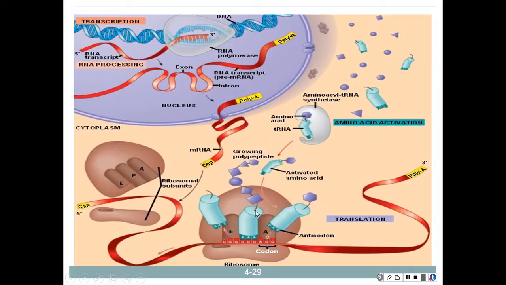And when it has released its amino acid, it moves to site E, and then it is released. Now that dipeptide from this second tRNA is transferred to the amino acid of the third. And a new peptide bond is formed, creating a tripeptide. So that means you'll have 3.